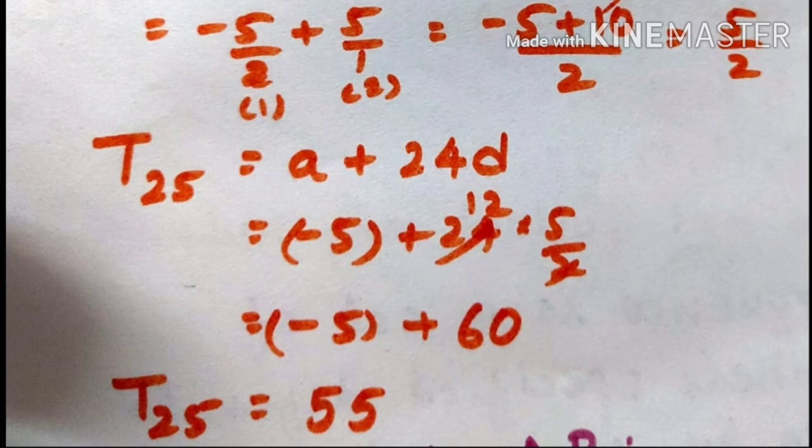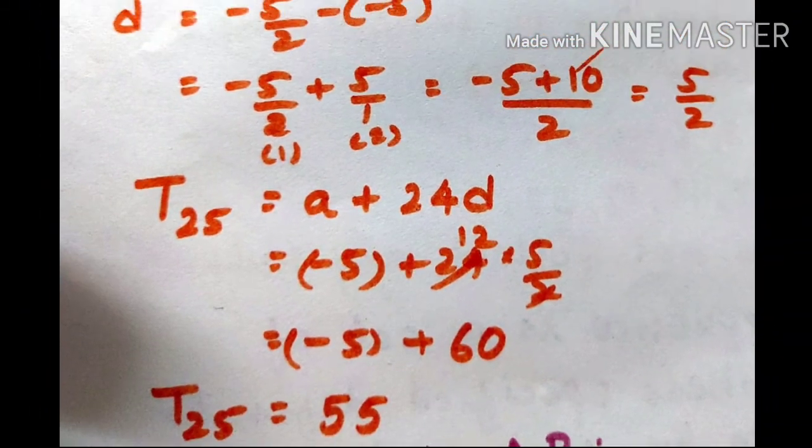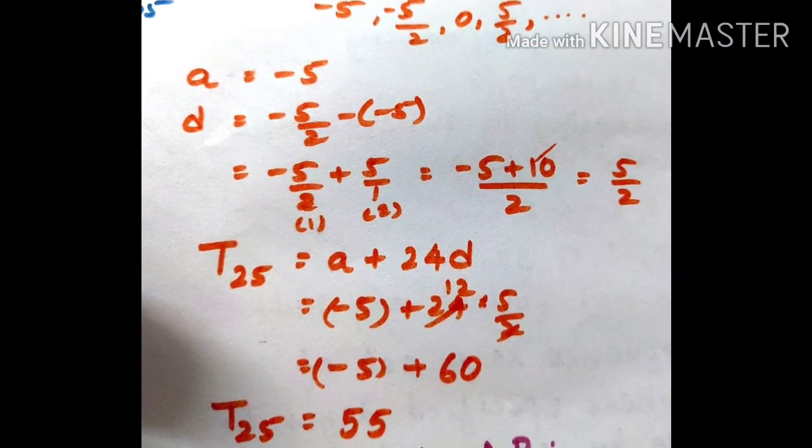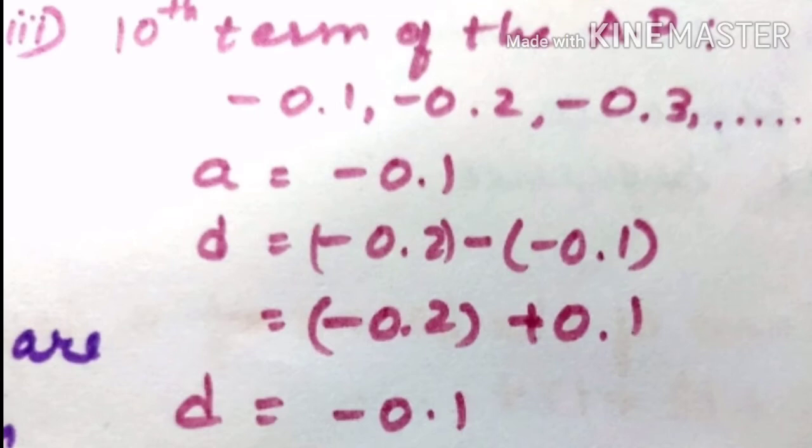Now let us take the next question. Same question number 4, I took the third one: find the 10th term of the AP minus 0.1, minus 0.2, minus 0.3 and so on. In this AP, first of all, the first term a is minus 0.1. Then the common difference d is equal to the second term minus the first term.